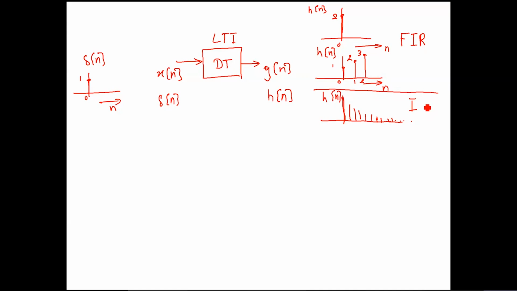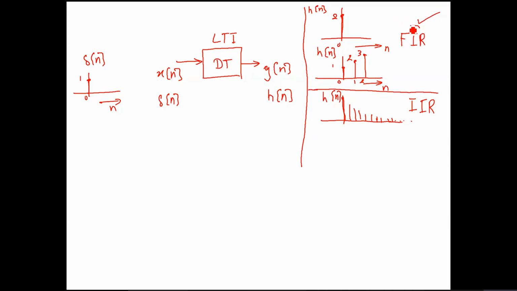Or we may have another category of system which is known as IIR. Here the IR part is the impulse response, and F means finite, or I means infinite. So depending on what type of system you have, you may have either a finite impulse response system or an infinite impulse response system.